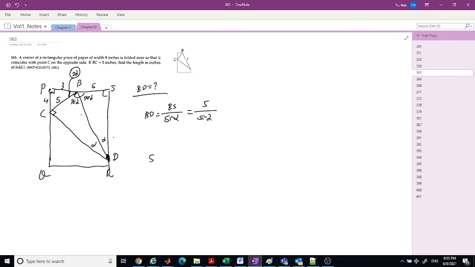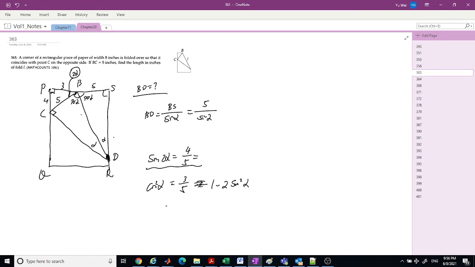But we know sine 2 alpha, right, is within the 3, 4, 5 triangle. So it's 4 over 5, right? Maybe cosine alpha is easier. Okay, cosine 2 alpha is 3 over 5. So this is equal to 1 minus 2 sine square alpha, right?